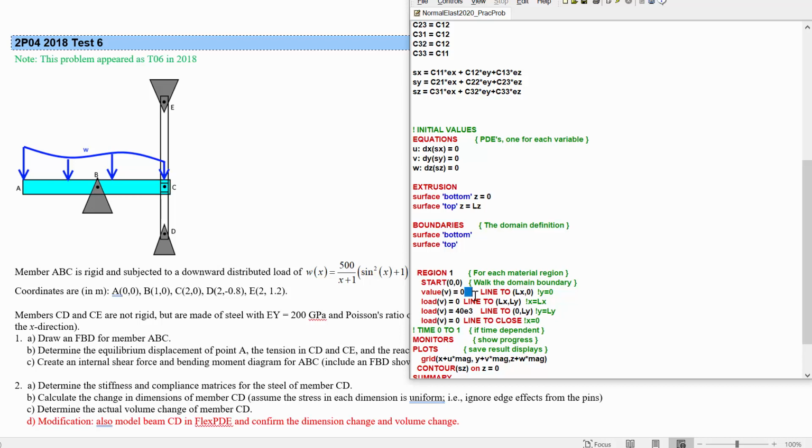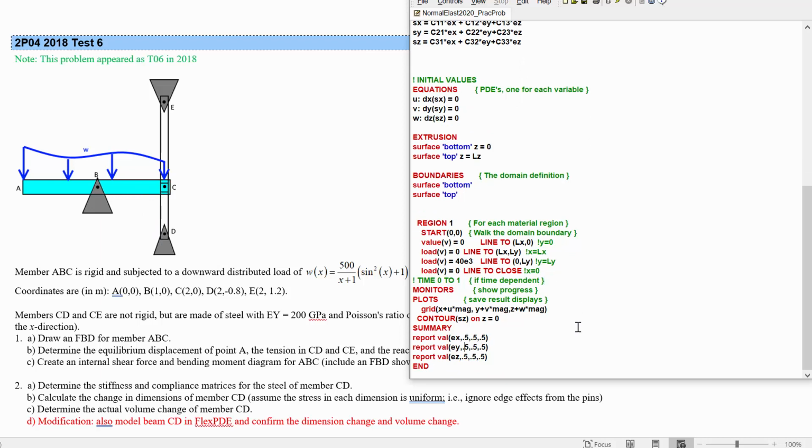So the 4 boundary conditions that we're setting: no y displacement on the bottom, no stress in y along the side, a positive tensile stress in y of 40 kilonewtons per meter squared, 40 kilopascals, along the top, and then no stress in y along the left side as well. And that's what's going on in this beam.